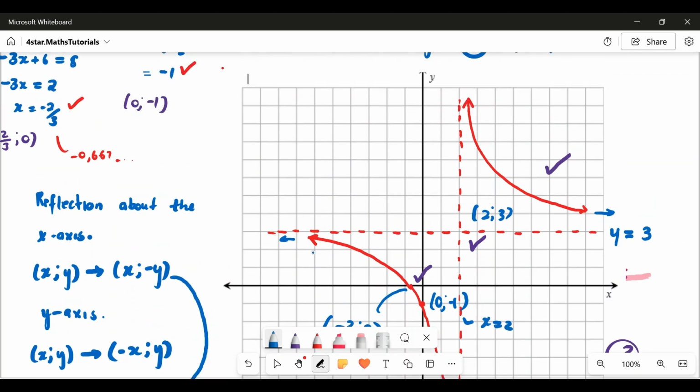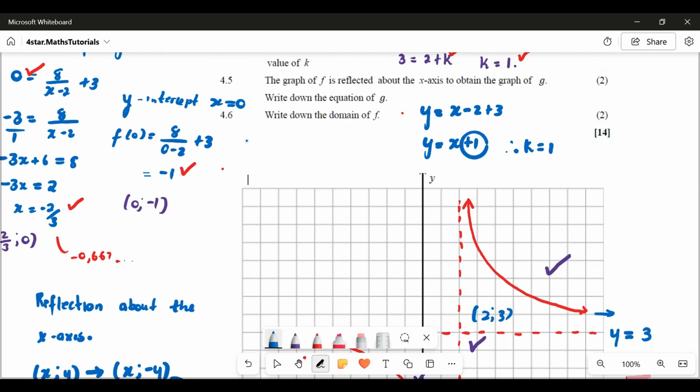So when we write the domain of this graph, we are simply going to write x is an element of real numbers, meaning this function is defined throughout from negative infinity to positive infinity. But when x is equals to 2, the function is not defined.